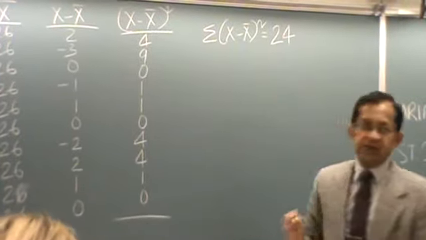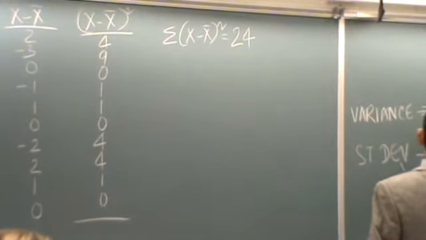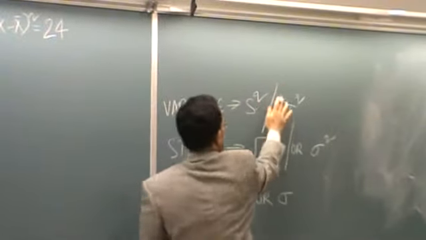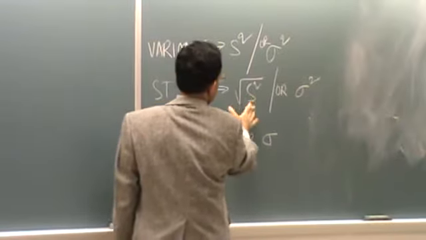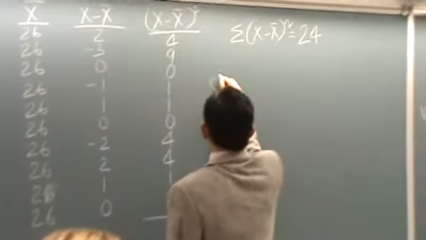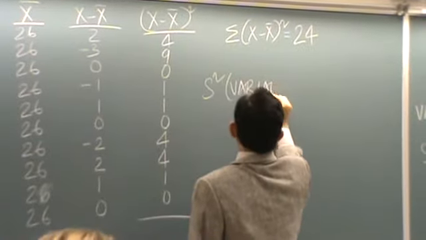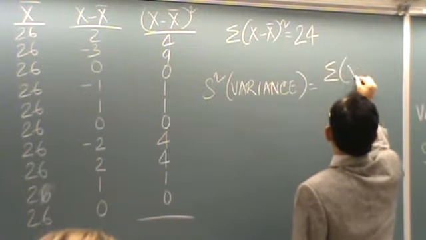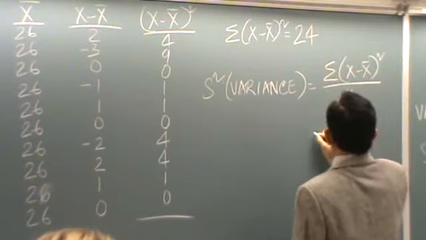So what is the formula? This is the formula we are going to use for variance. Remember, variance is s squared. Let's keep it simple, s squared. So variance is s squared, and standard deviation is the square root of variance. So we write s squared, that is the variance, equals the sum of x minus x bar squared divided by n.